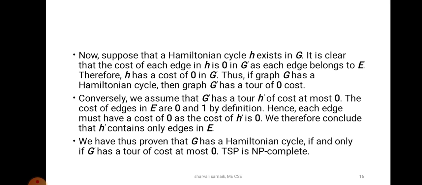So hence each edge must have a cost of 0, as the cost of H dash is 0. We therefore conclude that H dash contains only edges in E. So we have thus proven that G has a Hamilton cycle if and only if G dash has a tour of cost at most 0. So we will say that the traveling salesperson problem is an NP complete problem.